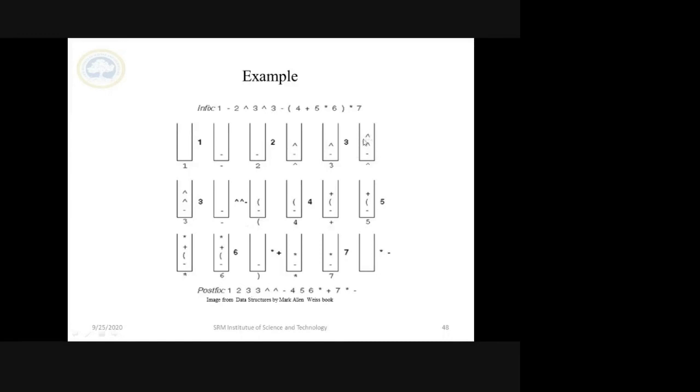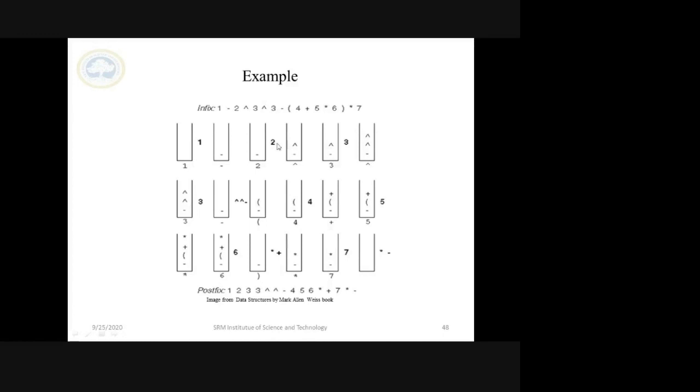Listen carefully. When plus plus, or minus minus, or plus minus, or star slash, or star star, slash slash come, one of the elements has to be popped out. But when the power operator is there, you need not pop it, you can just push inside. Only this will be different. Power operator, push it inside the stack.